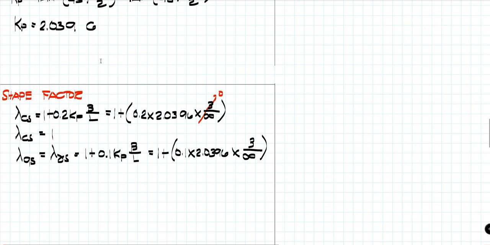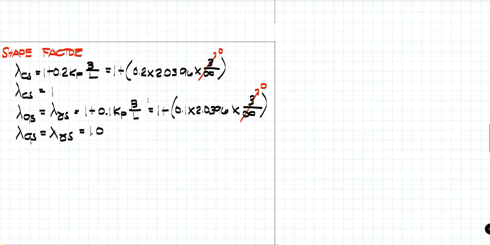So, yung 3 over infinite will be 0 again. So, as you can see, ang lalabas pa rin na lambda QS and the lambda gamma S will be equivalent to 1.0.